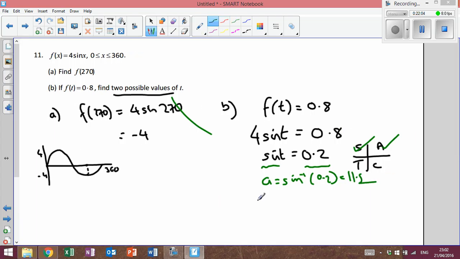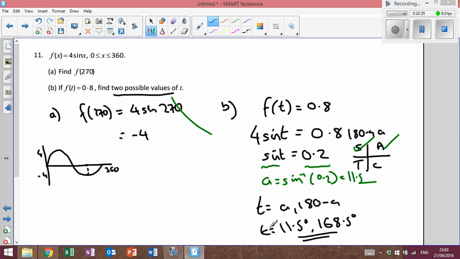So our answers, our x's, or in this case our t's, from that first quadrant is just a, and the second quadrant is 180 minus a. So it's 11.5 degrees, and it is 168.5 degrees. Okay, there's your values for t.